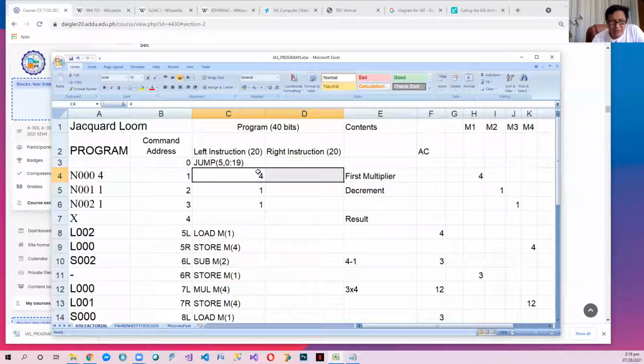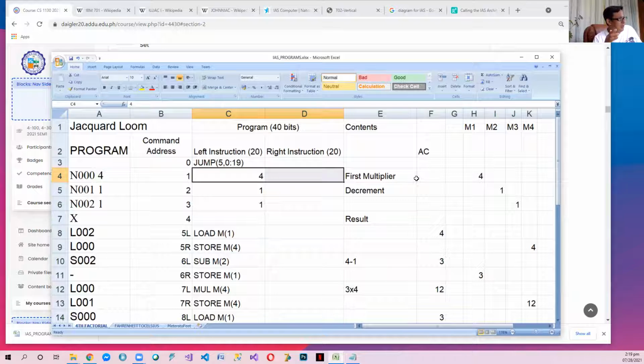Now, unfortunately, the IAS has missed a very important instruction. It doesn't have an assignment statement. Do you follow? What's an assignment statement? Anyone? In C++, you say C equals 5, X equals 10. What do you mean when you say C equals 5?